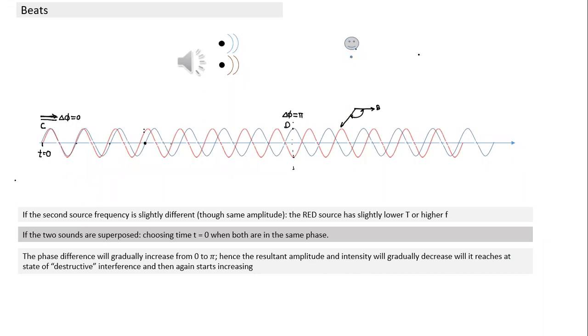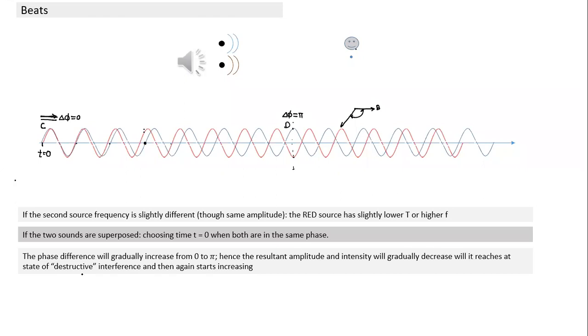If omega is the same, the phase difference remains constant. If the frequency is different, omega is different, and the phase difference will keep on changing. As the phase difference keeps changing, the resultant amplitude and intensity keep changing with time. The phase difference will gradually increase from 0 to pi, and the resultant amplitude and intensity will gradually decrease.